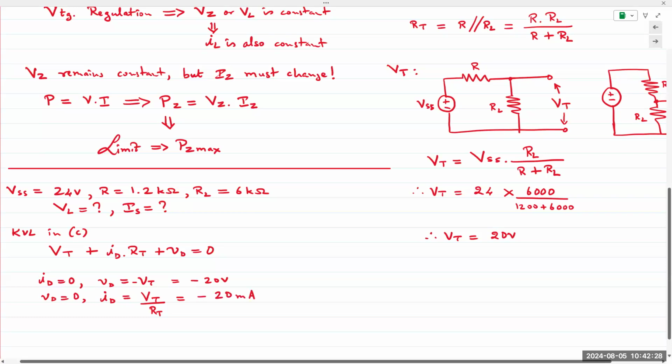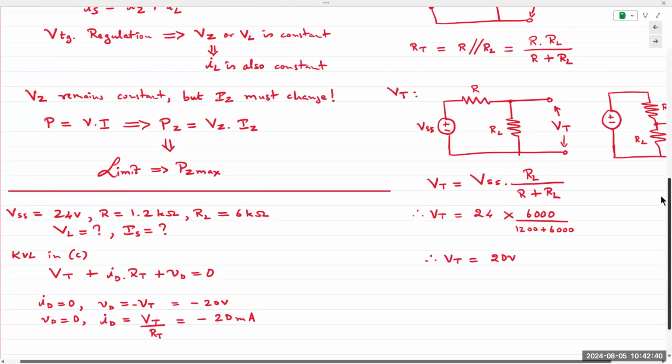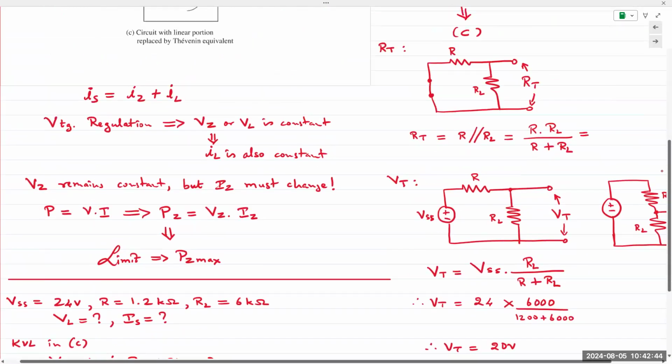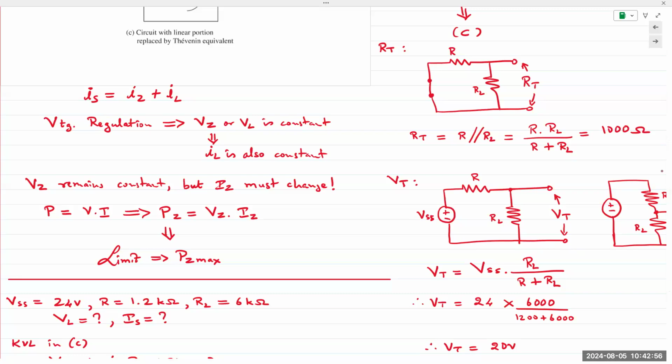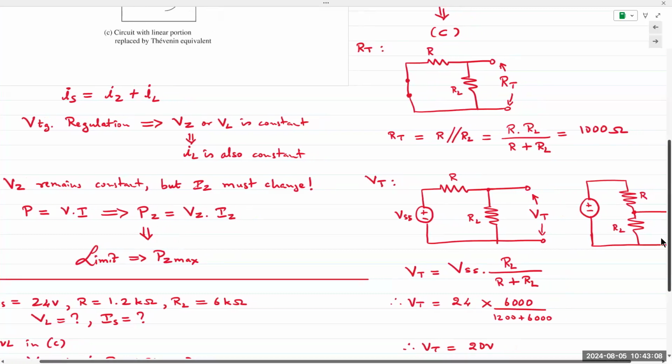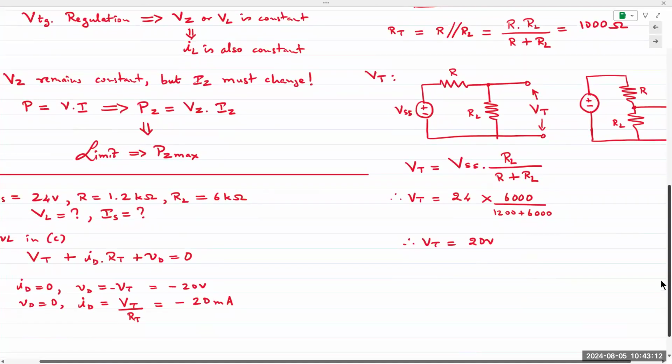Minus 20 divided by my RT. RT is R times RL, so 1,200 times 6,000 divided by 7,200, that would give you 1 kilo ohm, 1,000 ohms. All right, any questions?